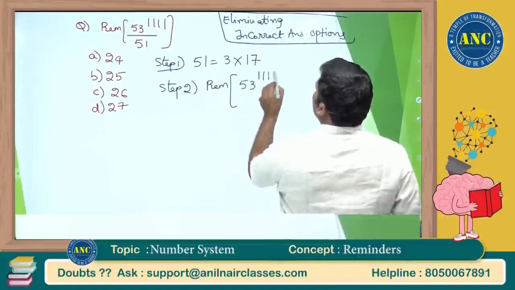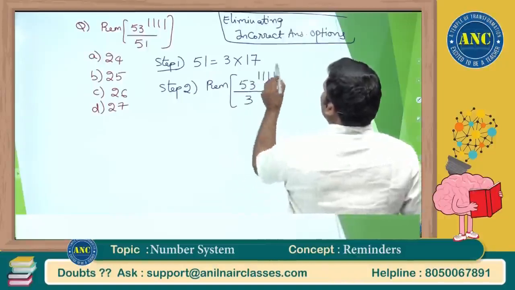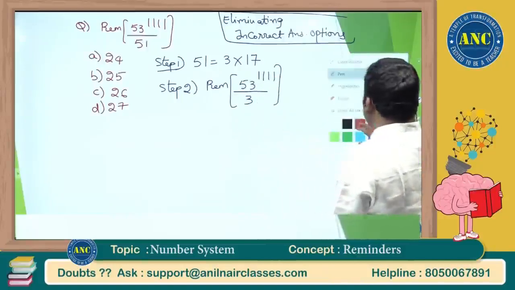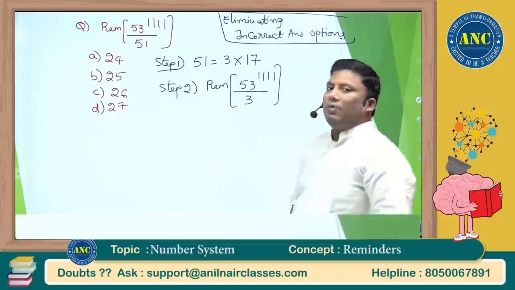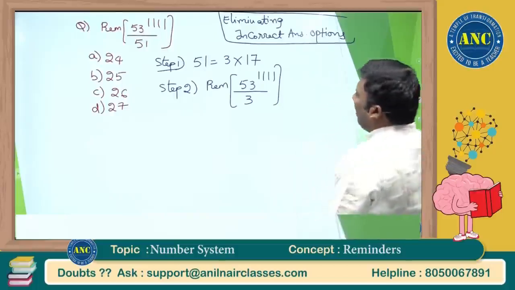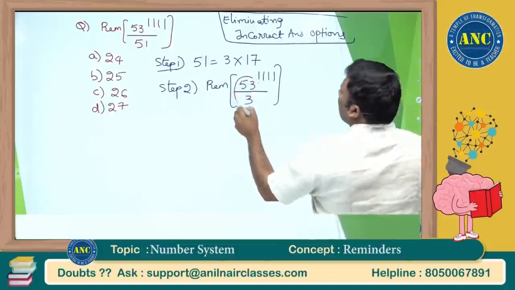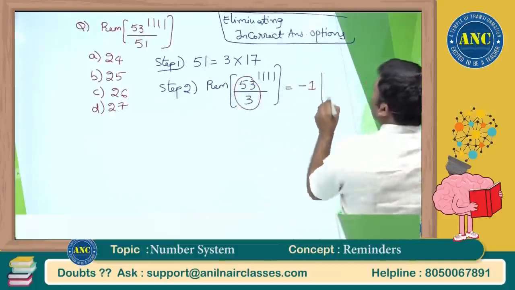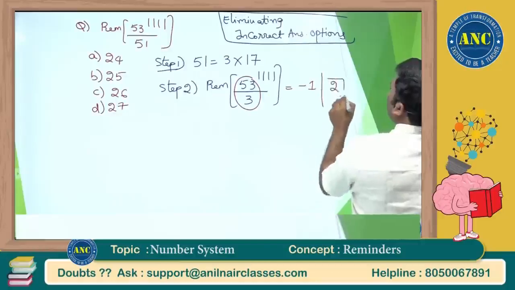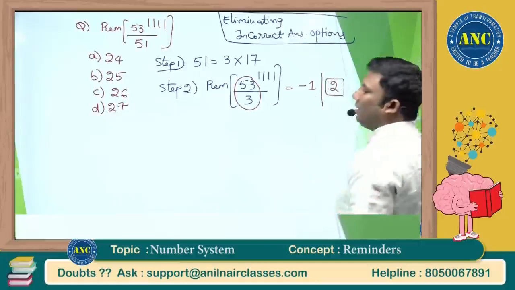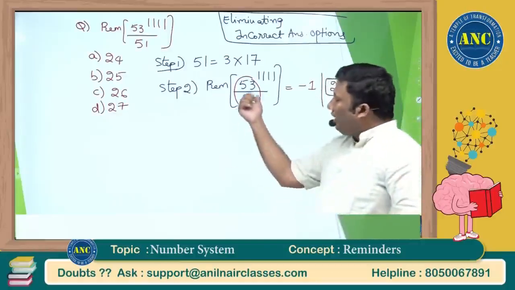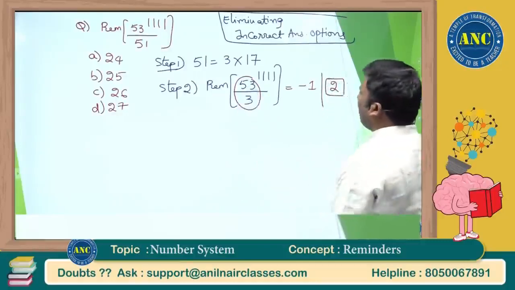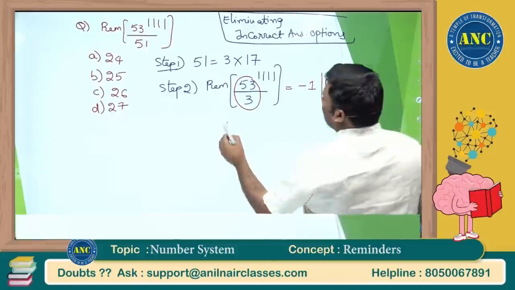Let me use the divisibility rule of 3. 53 power 11111 divided by 3. 3 18s are 54, so 53 is minus 1. Minus 1 power odd is minus 1. The positive remainder is nothing but 2.